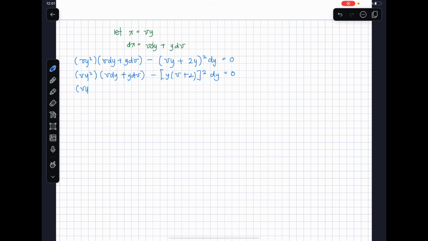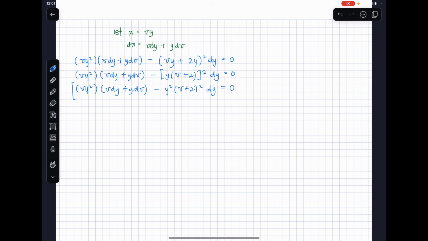Then we distribute, so that becomes y squared times (v plus 2) squared dy is equal to 0.